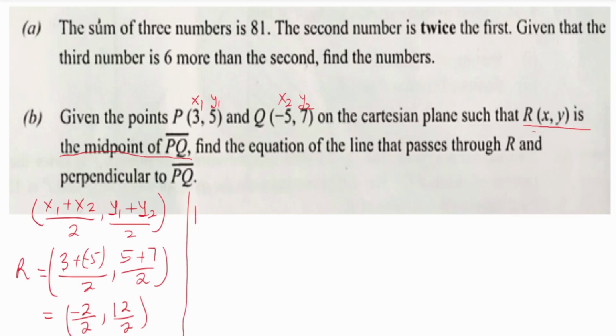Simplifying further, R will have the coordinate (-1, 6). So this is the coordinate of the midpoint of the segment PQ.